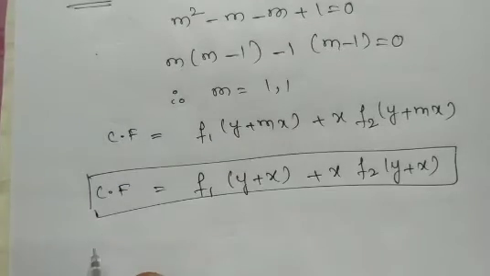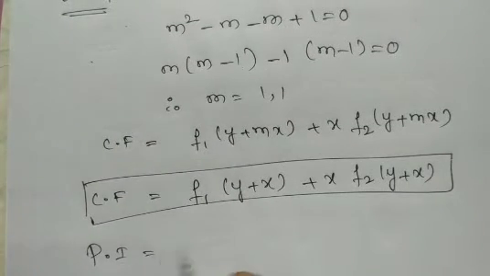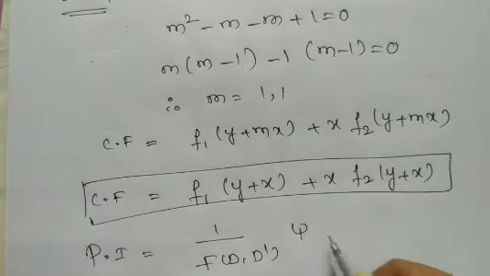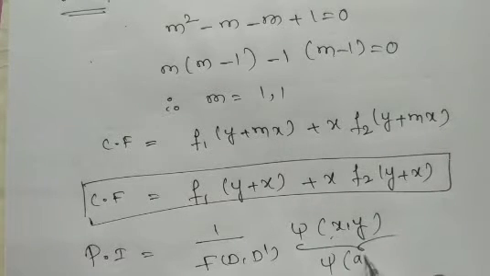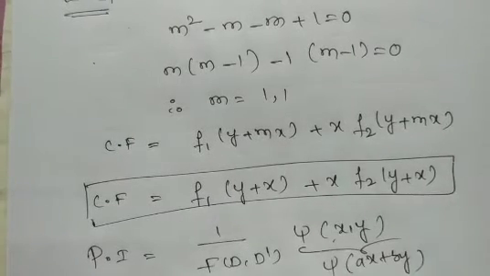Coming to the particular integral, that is 1 by f of D, D dash into psi of x, y, where psi is cos of (ax plus by) or (mx plus ny).